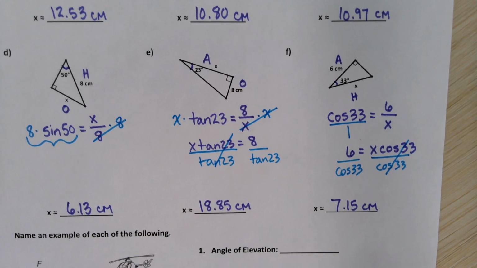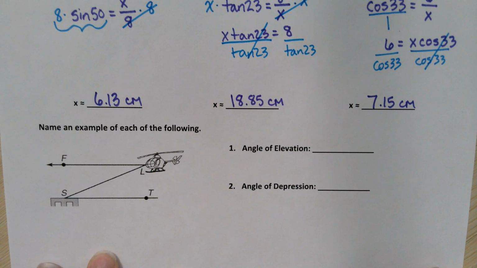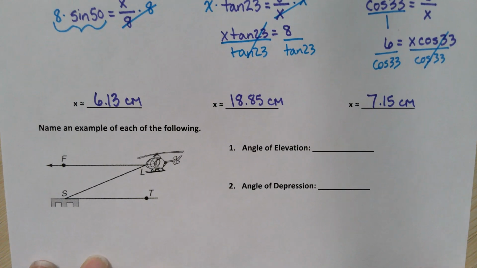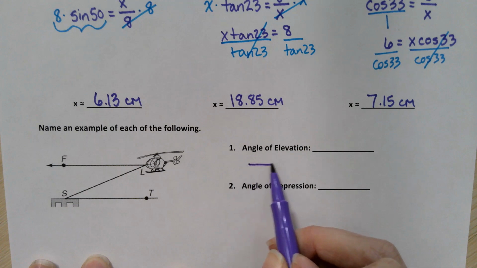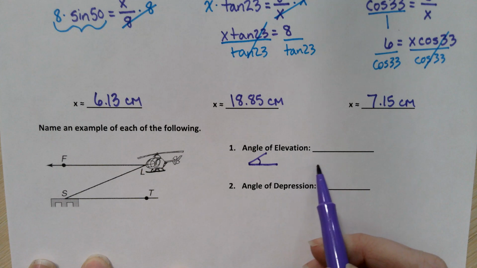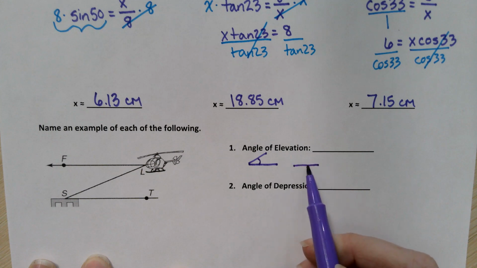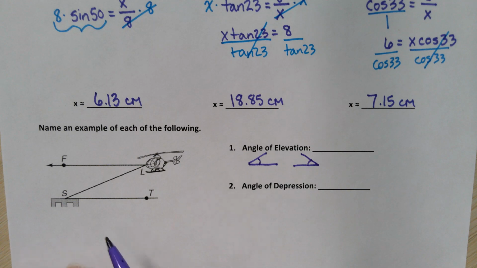All right, to get us ready for a few days down the road, we do have a little review of some vocabulary from our last thing. Angle of elevation, remember, is from a horizontal up. So it might look like that, or it might be a horizontal up this way, so it could look like that. So the key is we're looking in this picture for some kind of horizontal.